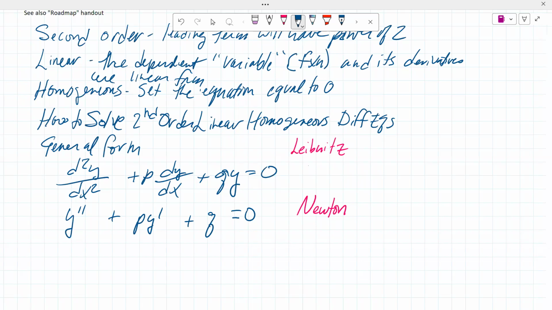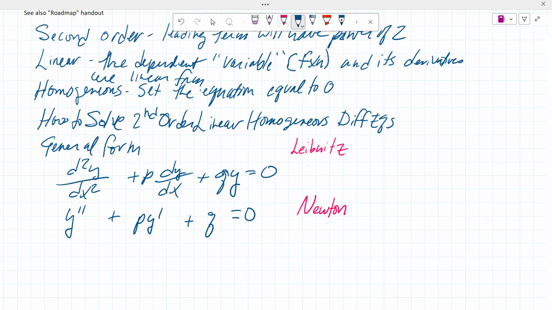As a historical note, the square actually means the second derivative, but it goes d squared y and then dx squared. The square moves places. It doesn't actually mean anything. It's really more of a historical note, but both of these equations in fact mean the same thing.